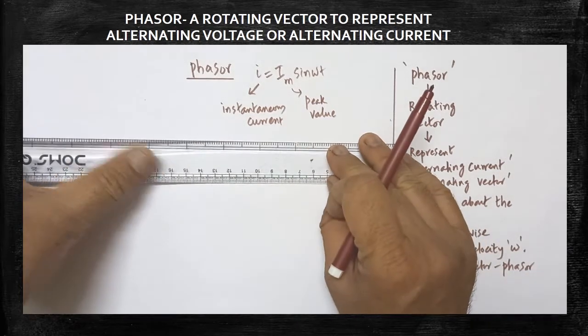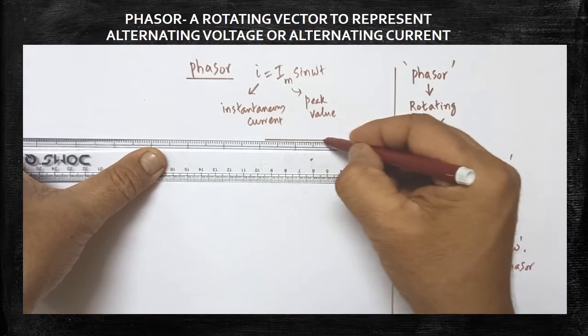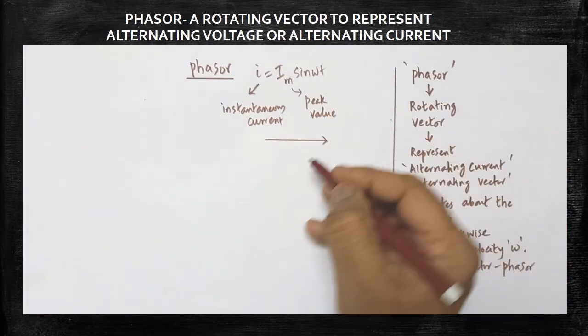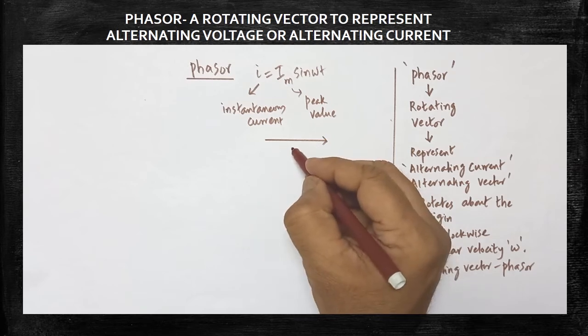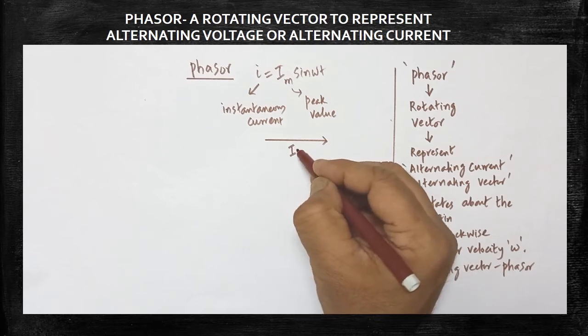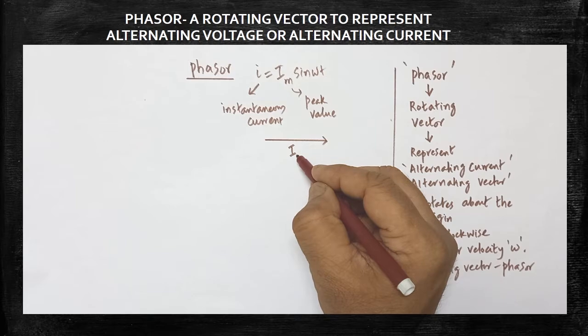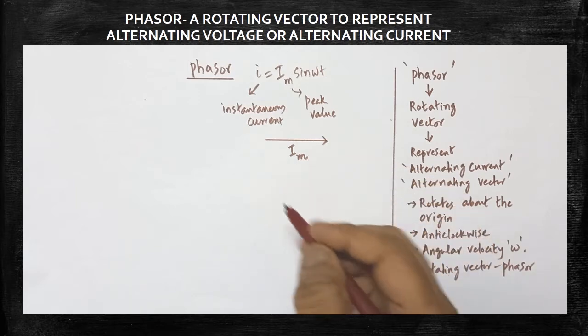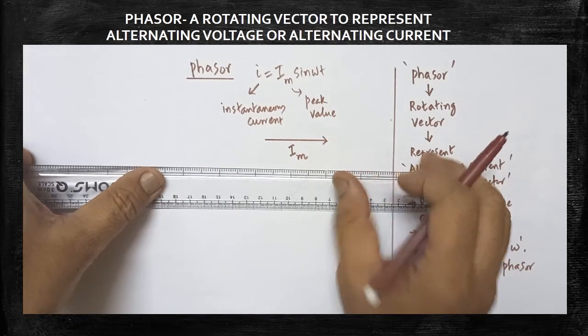The rotating vector can be represented by the arrowhead. The length of this portion is taken as the line segment, and the length must be equal to Im. Very important. This is in the case of current.